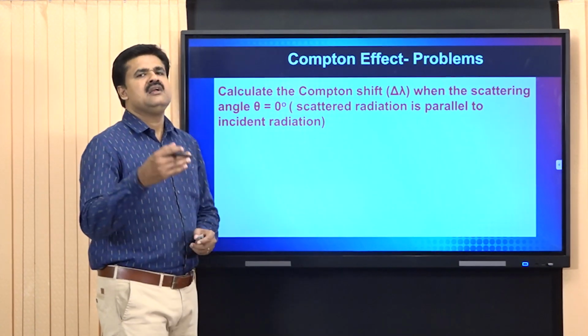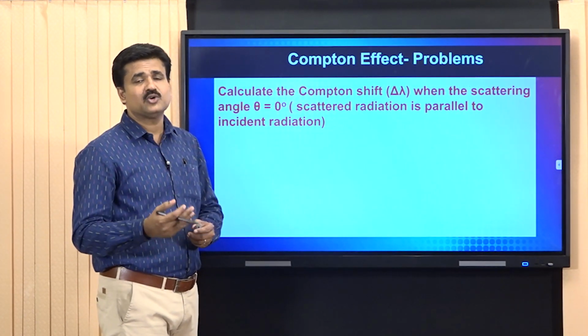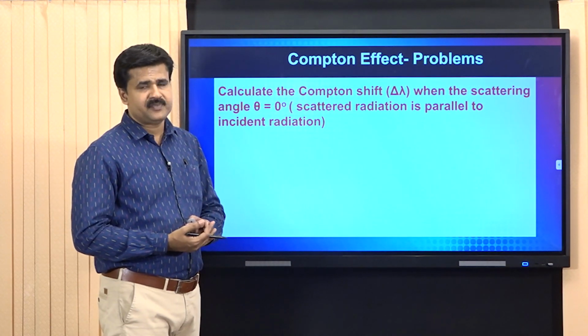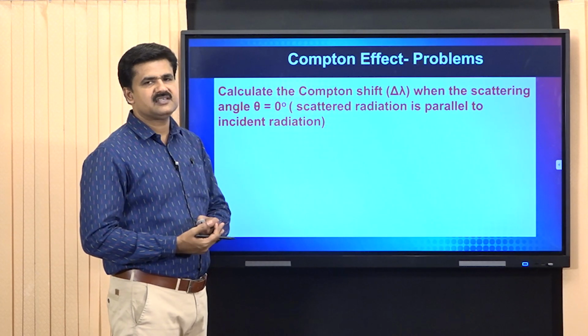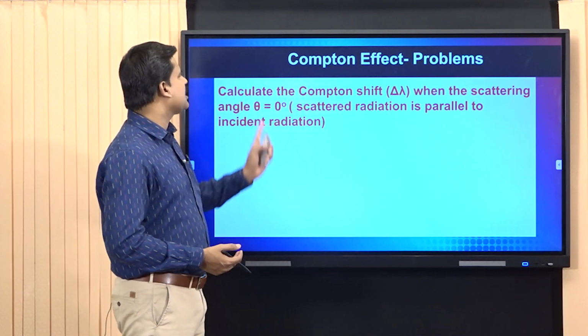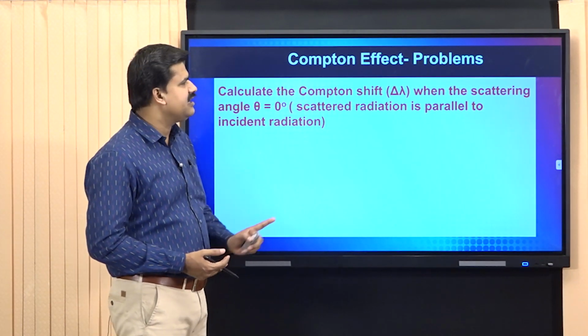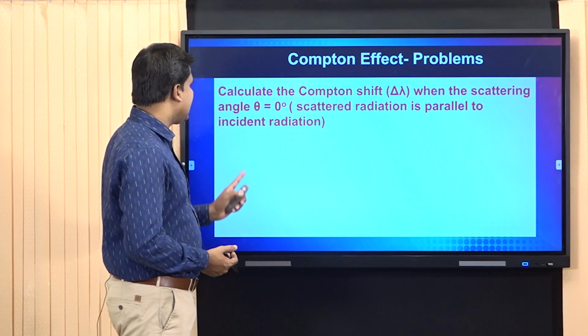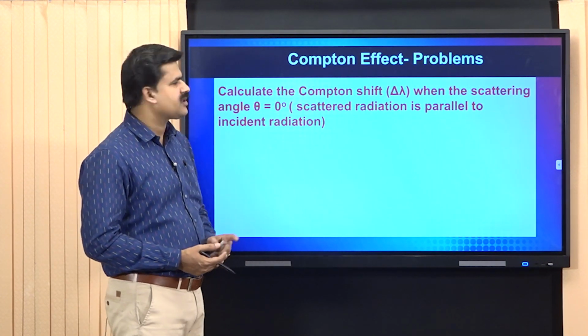Now, we can do some numerical problems based on the Compton effect. The problems are to find the Compton shift delta lambda. In this problem, we are going to calculate the Compton shift delta lambda when the scattering angle theta is equal to 0 degree.